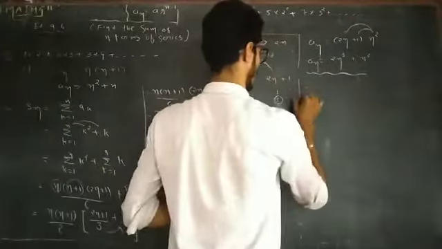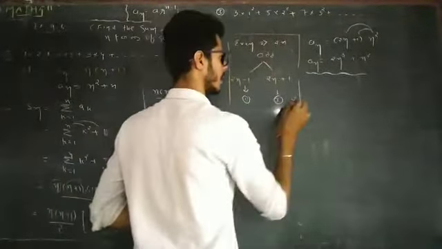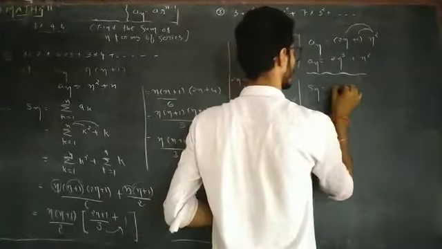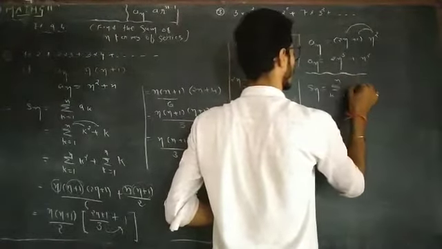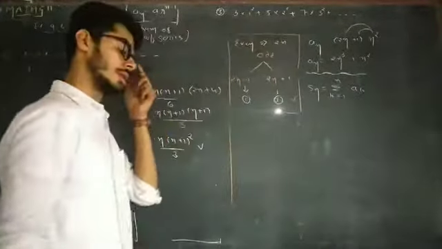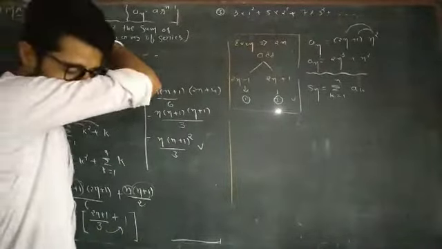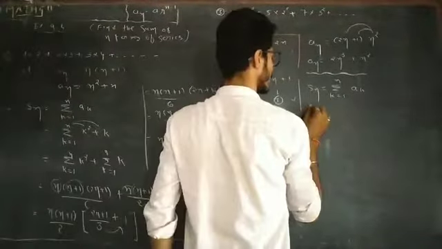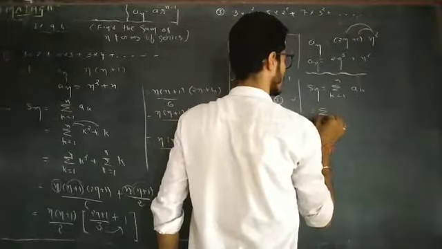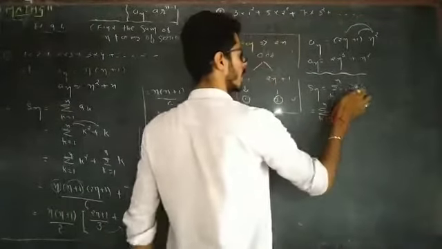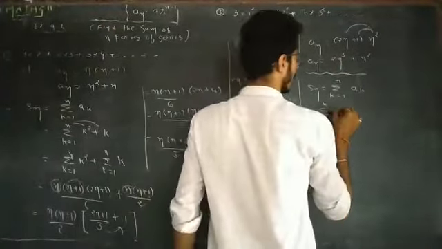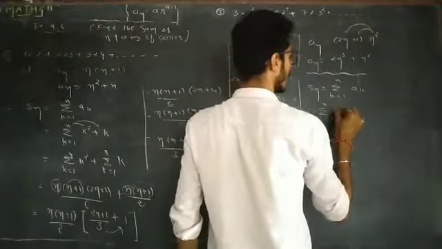So we have to find out Sn. Sn is equal to summation k equals 1 to n of ak. ak means the n term of the special series. So k is equal to 1 to n. What is ak over here? N is replaced by k.